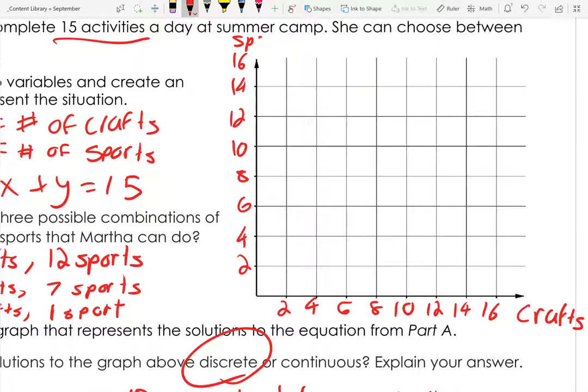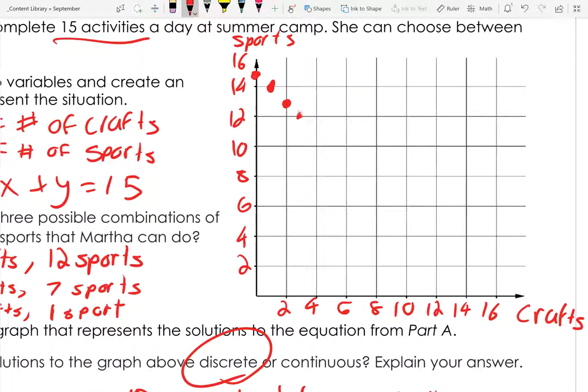and this axis represents sports, then I could do 15 sports and 0 crafts, right? I could do 14 sports and 1 craft. I could do 13 sports and 2 crafts, right? And every combination thereon.